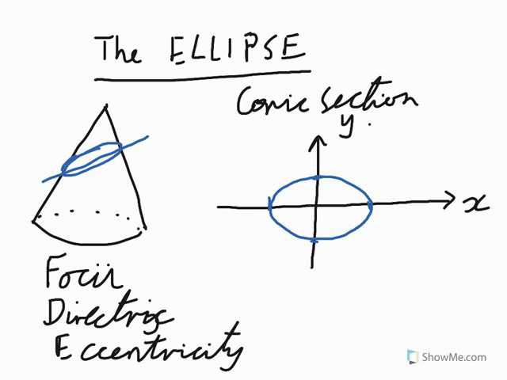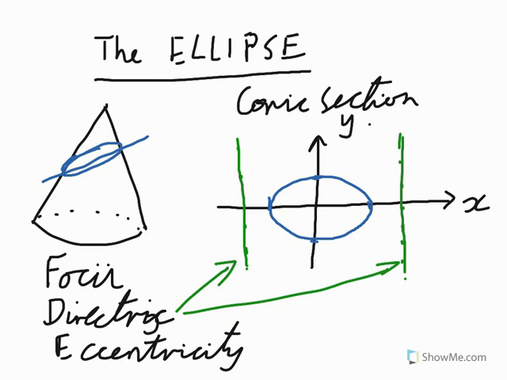Alright, now these things are in specific places. So for example, you would have a directrix out here, and you would have another one out here. So there are directrices, those green lines.